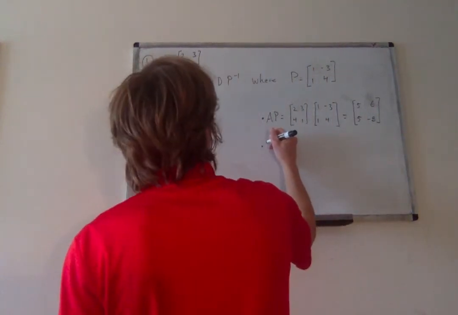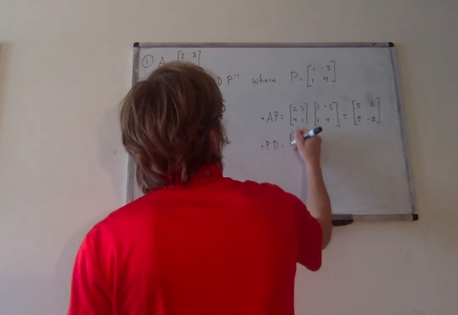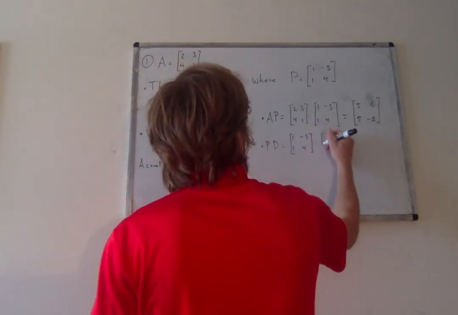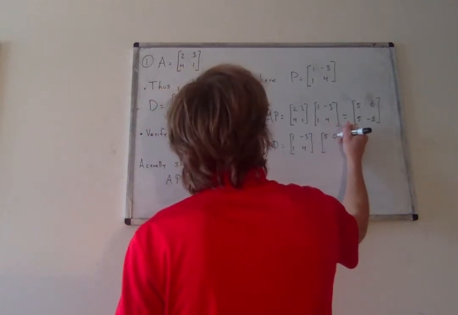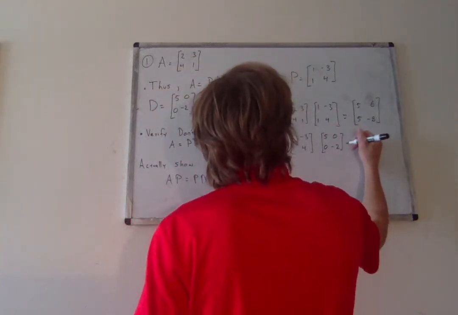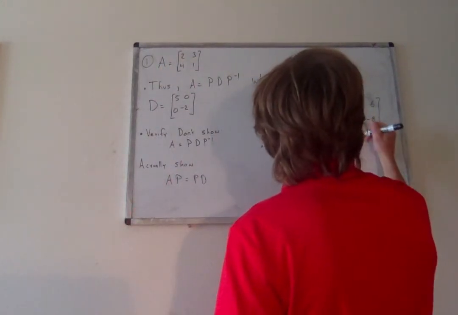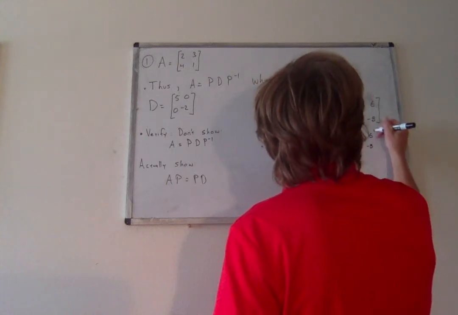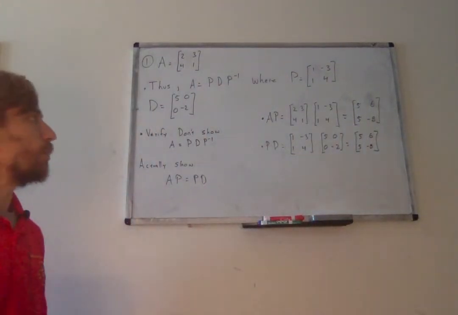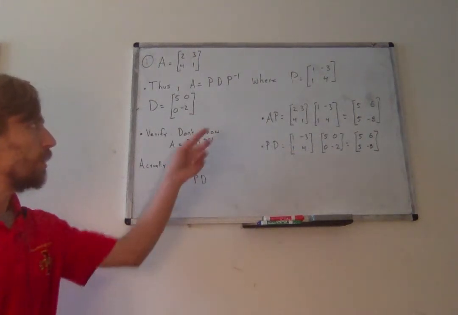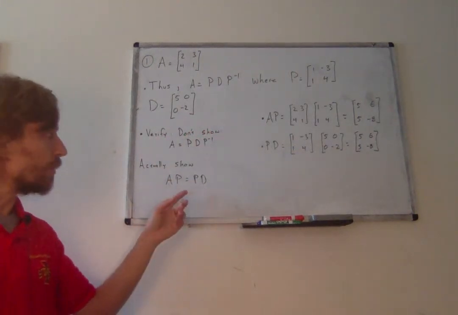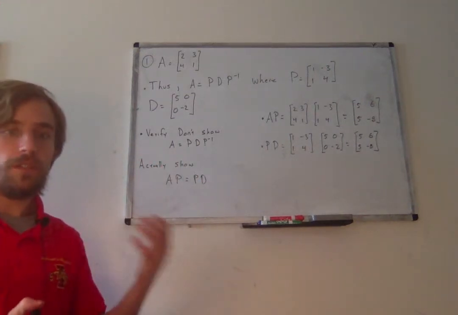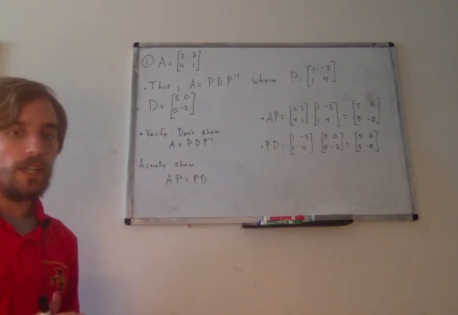And then P times D. Well, this one is a little easier to calculate. Sure enough, we get the same thing both times. Since these two things are equal, and we know P has to be invertible because its columns are linearly independent, we have verified that this diagonalization is in fact valid.